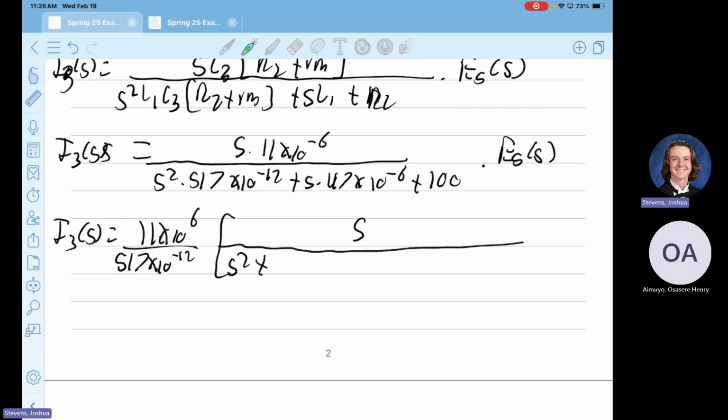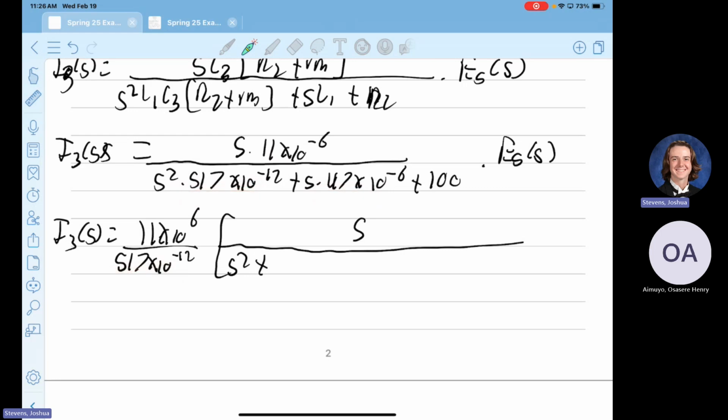Do I have to multiply? Divide? Add? Subtract? I pulled out this number, factoring it out, basically making this essentially 1. To make this number 1, I put the 517 over 517.